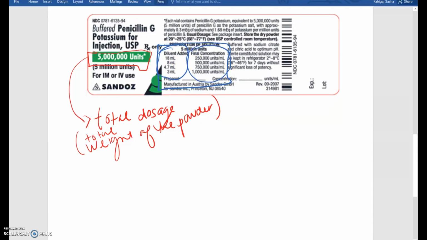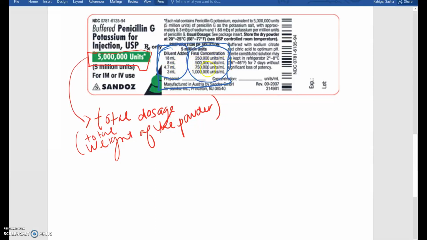Well, what does this information mean? Well, as you can see, it has different volumes of your diluent volume. And with each diluent volume that must be added to this total dosage, it gives you a what? A new concentration, or a final concentration.